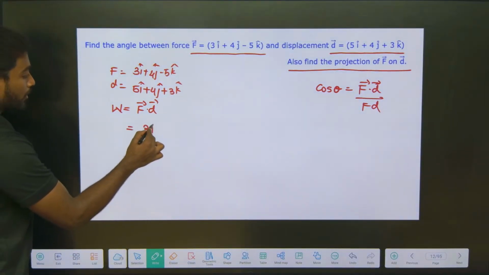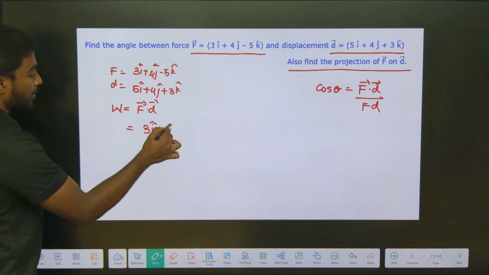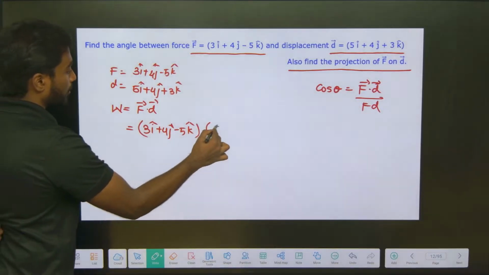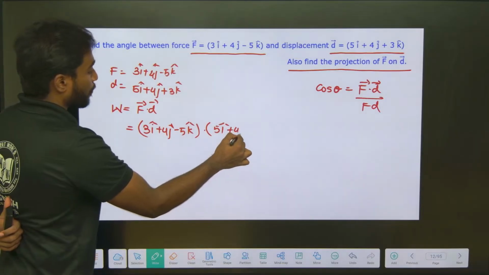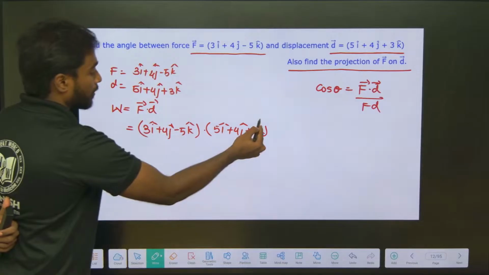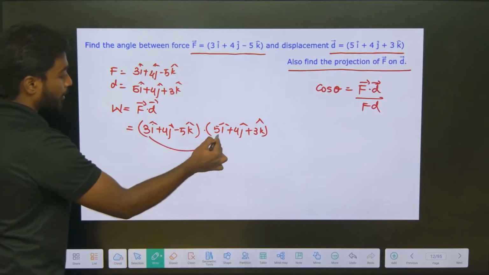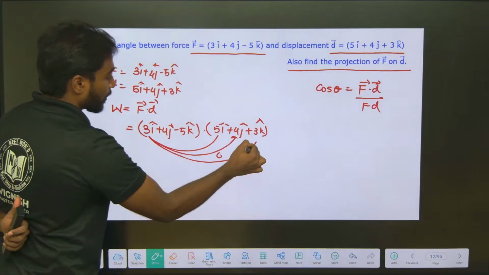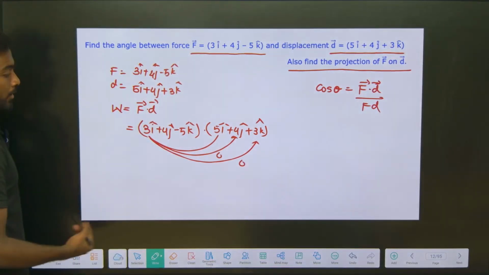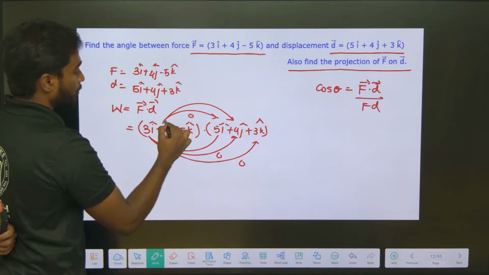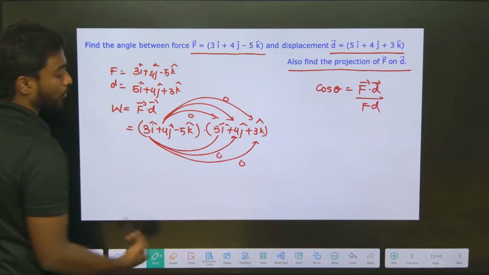So (3i cap + 4j cap - 5k cap) dot (5i cap + 4j cap + 3k cap). I dot I I can do, I dot j is 0, I dot k is 0. J dot I is 0, J dot j I can do, J dot k is again 0.